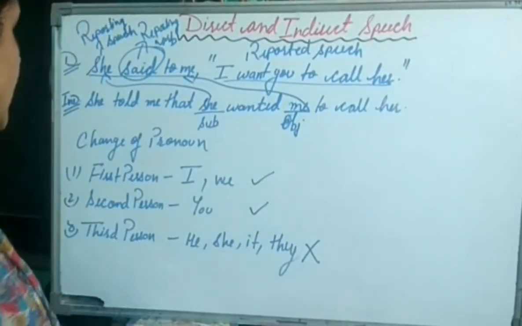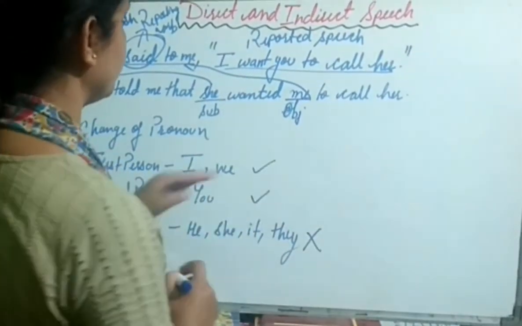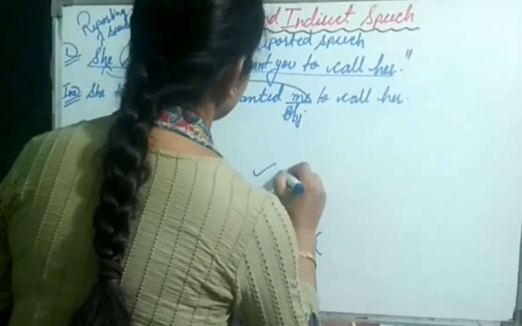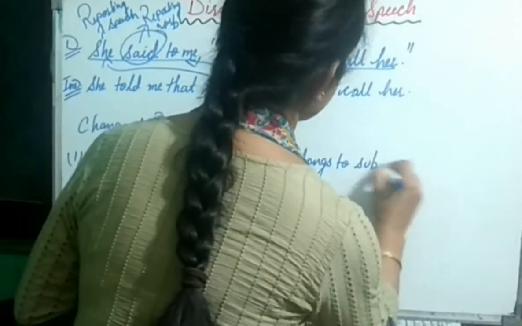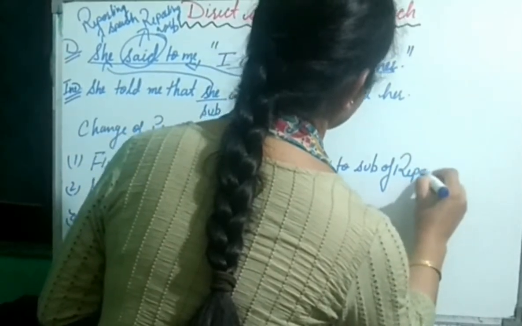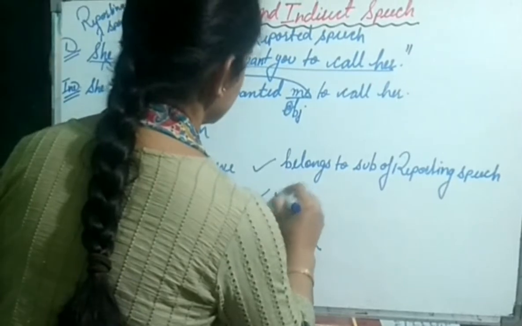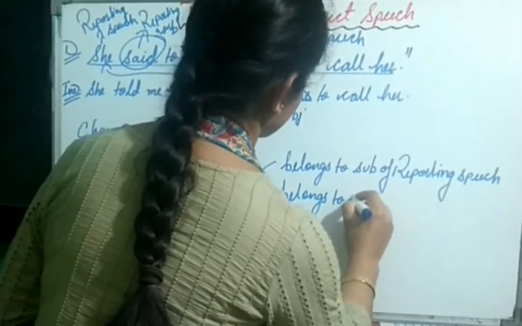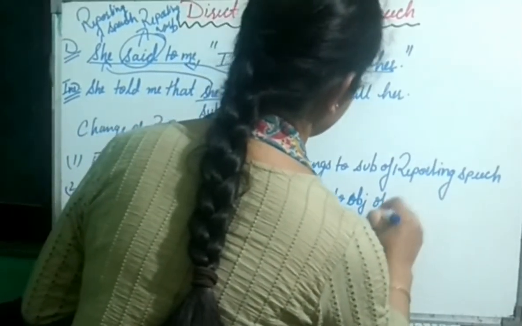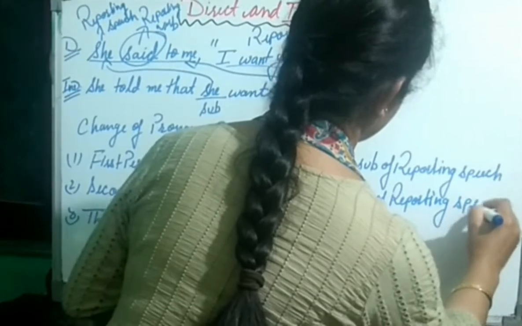Please remember one thing, that the pronouns of first person which change, I and we, belong to the subject of the reporting speech, and you is the object of the reporting speech.